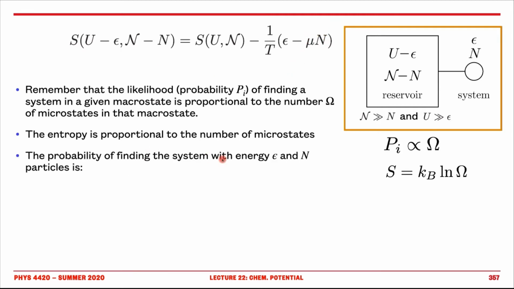The probability of finding a system with energy epsilon and n particles is therefore provided by this. The probability is proportional to omega, and omega is the exponential of S over k_B. I just invert this equation. So the probability is proportional to the exponential of S over k_B, which is exactly what I wrote here.